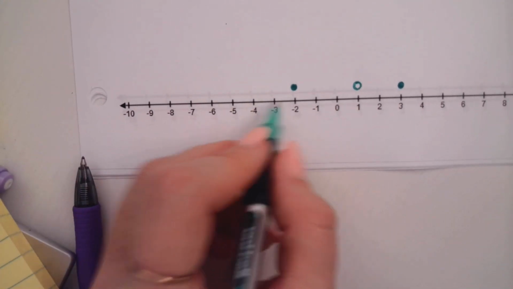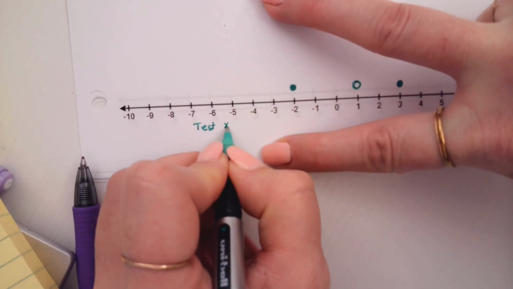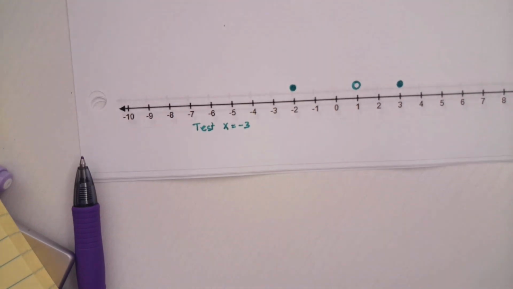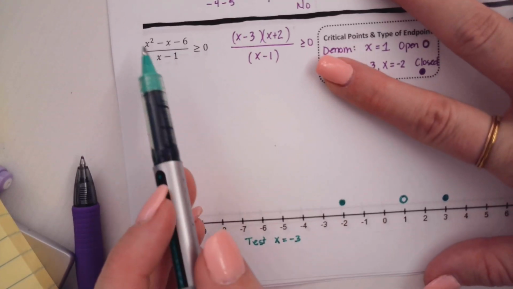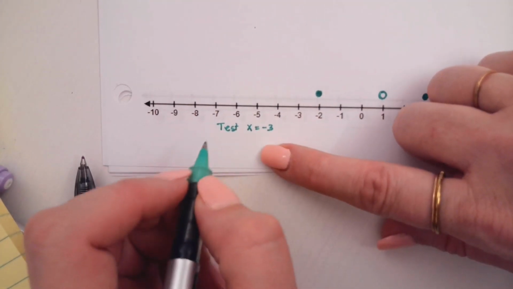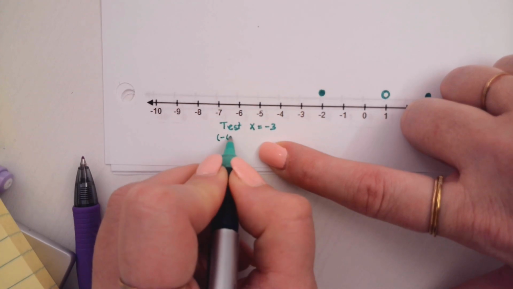Alright, starting with to the left of -2, what would you like to test? -3? No, it's too hard. -3 is too hard? You can plug it into the original, you can plug it into the factored one. It shouldn't matter, you should get the same answer. I'm going to use the factored one. So I would have -3 minus 3, which would be -6.